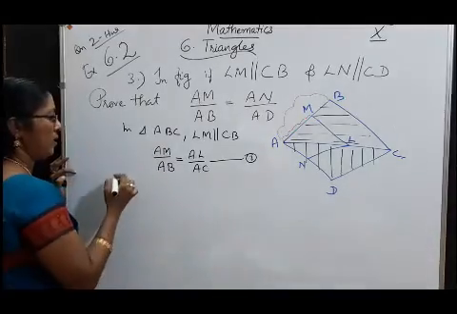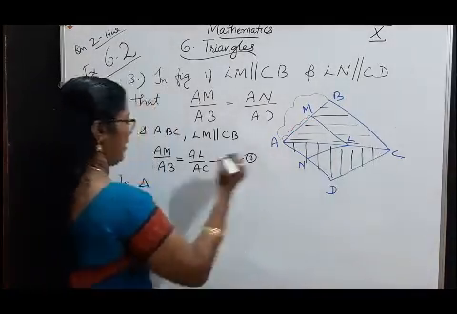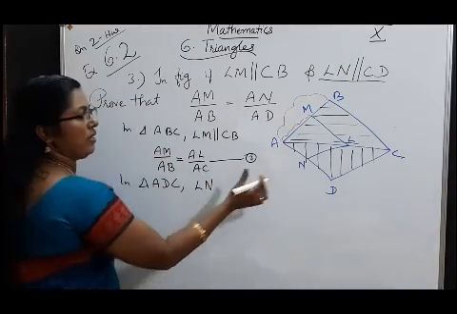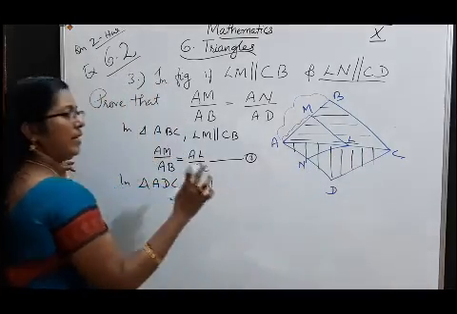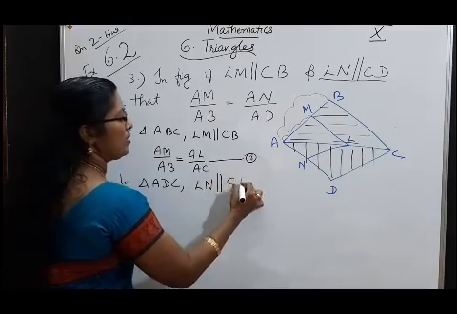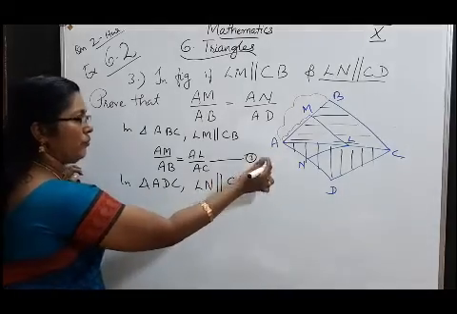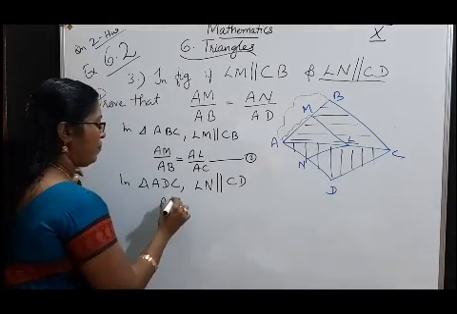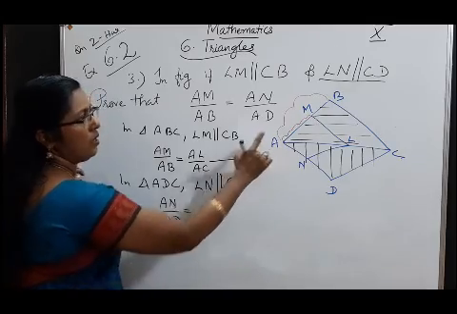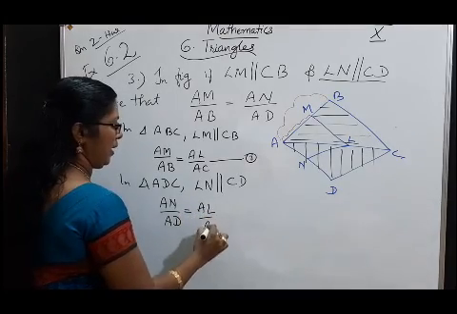Then consider the second part, the lower part, triangle ADC. LN is parallel to CD. If it is parallel, the corresponding sides are proportional. So we can write AN by AD equals AL by AC.